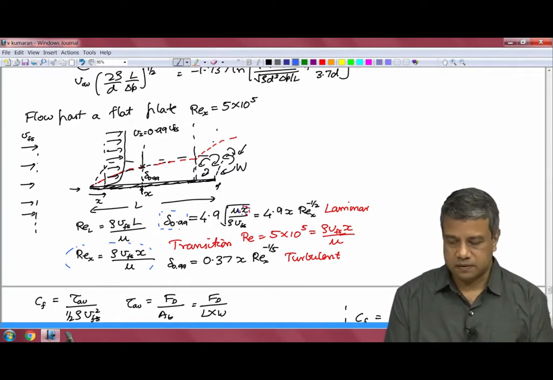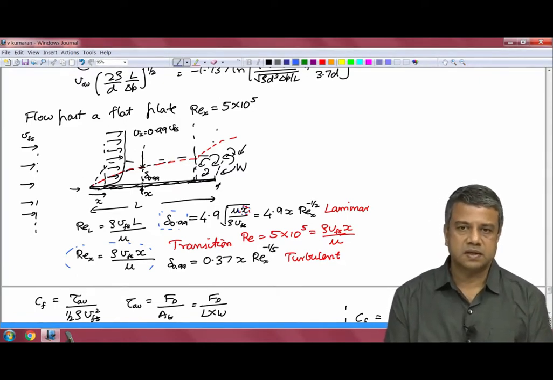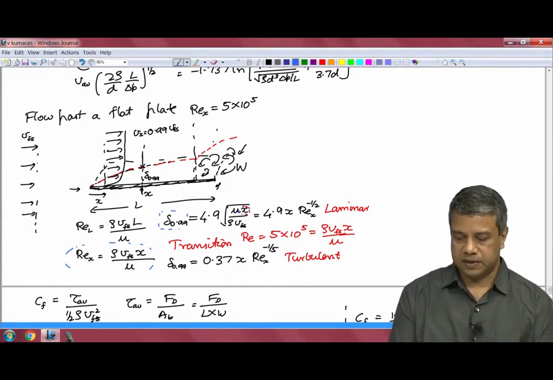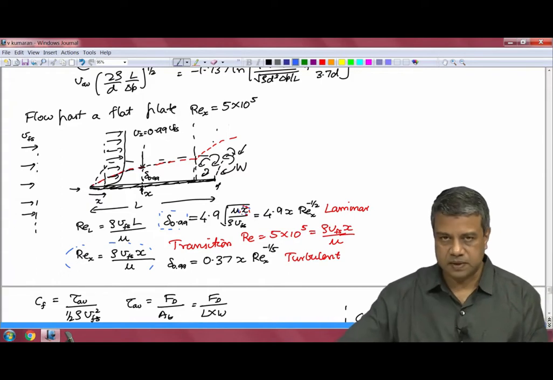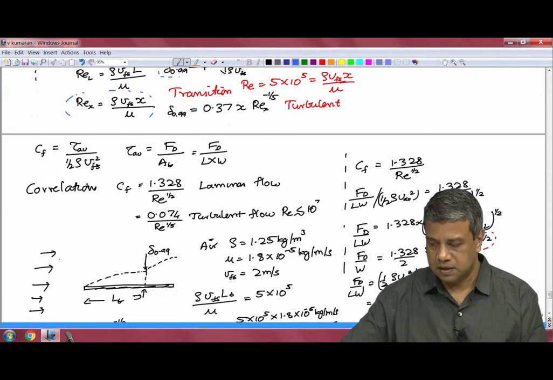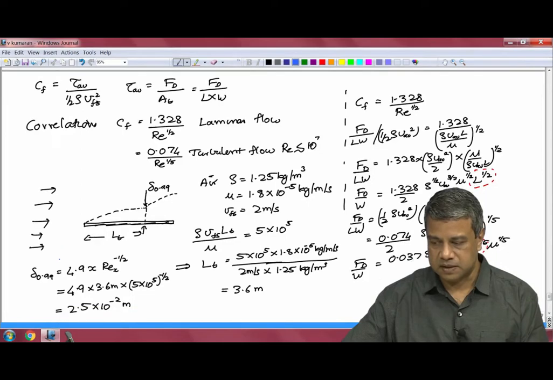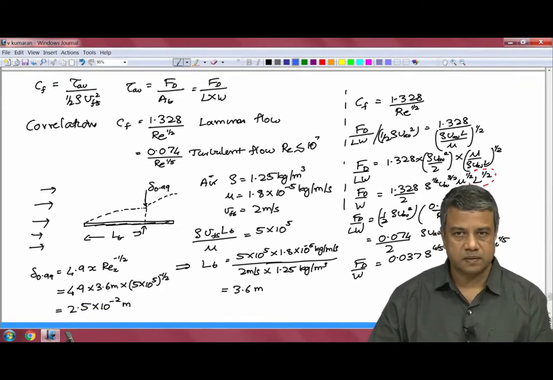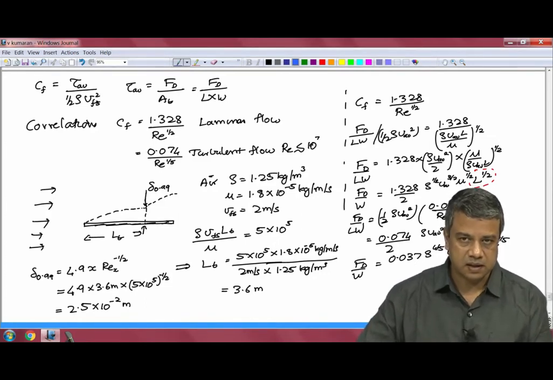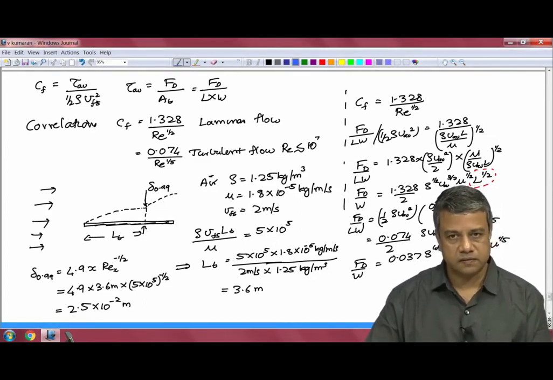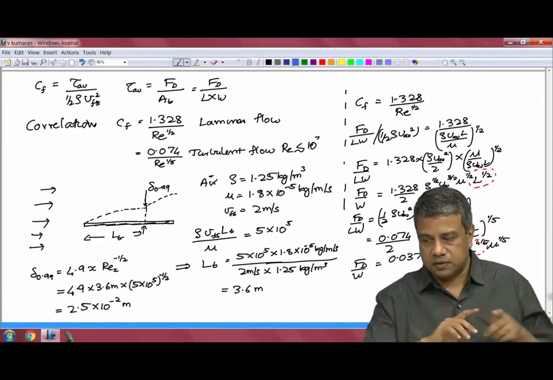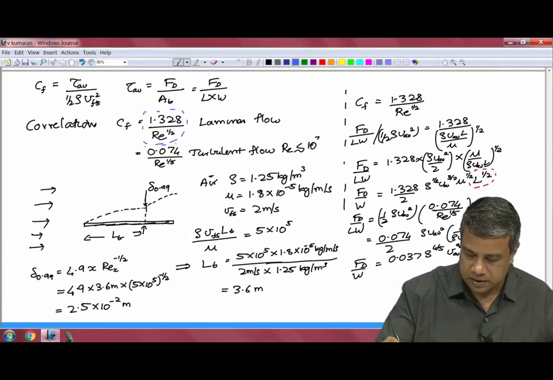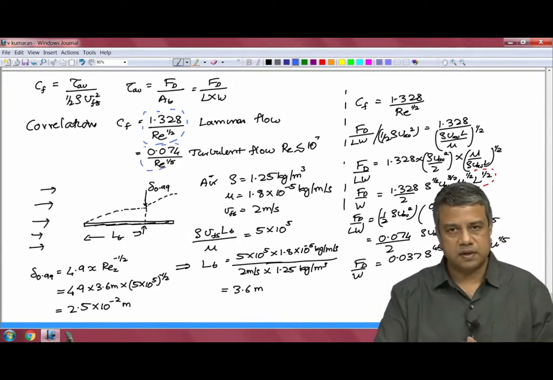And in a turbulent flow, the boundary layer thickness goes as Re to the power minus 1/5 rather than Re to the power minus half. And the drag coefficients we had discussed, the skin friction coefficient, which is based upon the average stress on the plate, the force per unit area that is tangential to the flow, is proportional to Re to the power minus 1/2 for a laminar flow and Re to the power minus 1/5 for a turbulent flow.